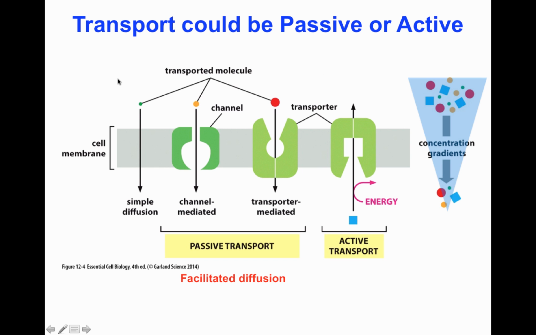Now, certain molecules, like gases, as we discussed, are able to diffuse across the plasma membrane on their own. So molecules like carbon dioxide, oxygen, nitrogen, they're able to diffuse across the membrane on their own, and they do that by the mechanism of simple diffusion.